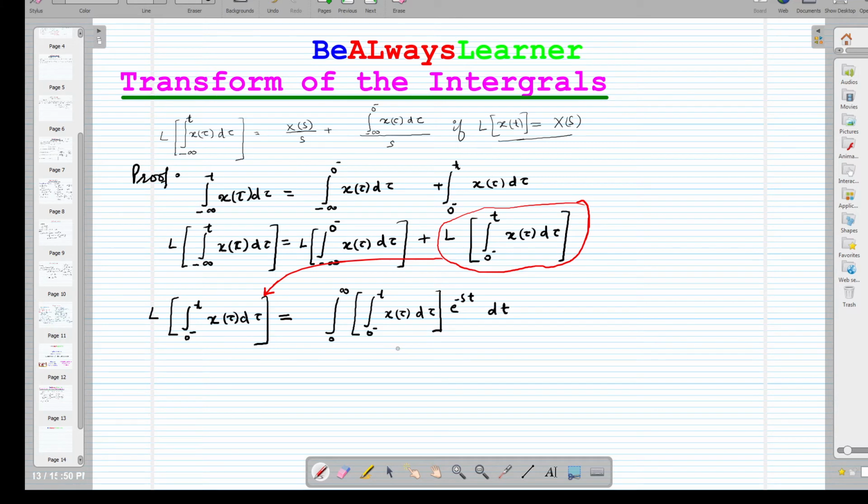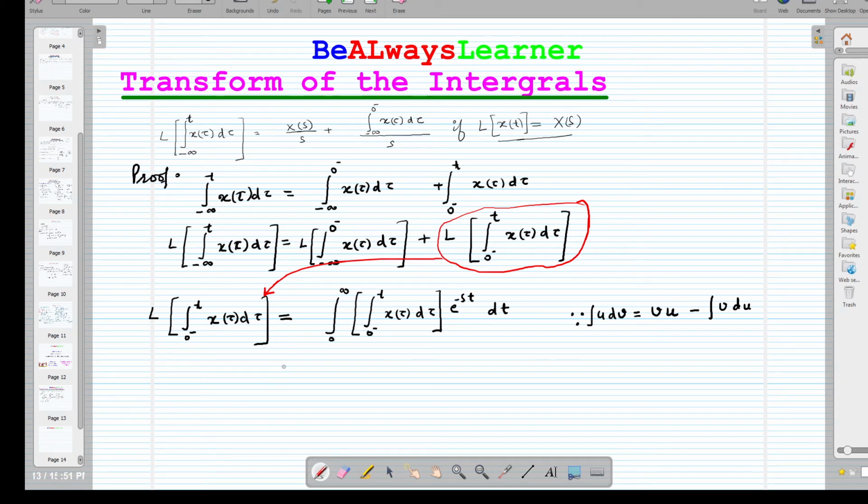In this also we are going to have integration by parts. The formula for integration by parts is the integral of u dv equals u into v minus the integral of v du.